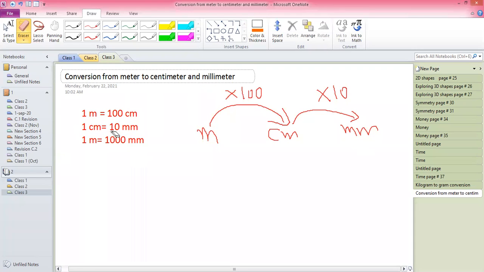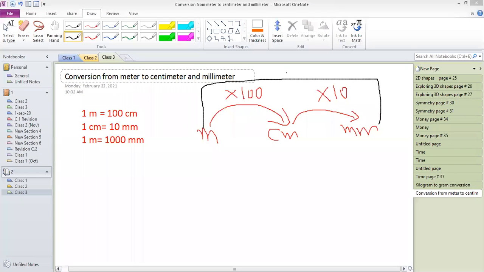One more question, guys. If the value is given in meter and they ask you to convert it into millimeter, simply what will you do then? You will multiply it by 1000.